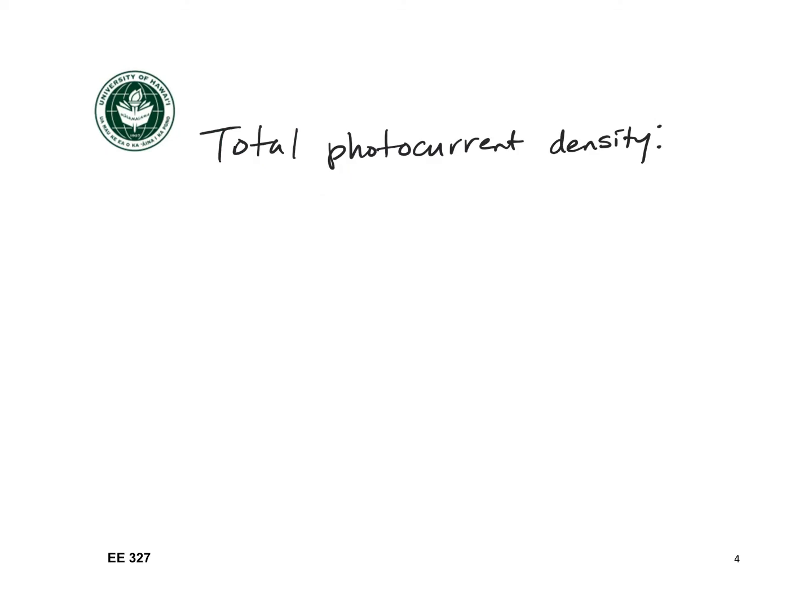So then the total photocurrent density in our photodiode is going to be J sub L. That will consist of the prompt photocurrent and the two components of the delayed photocurrent.